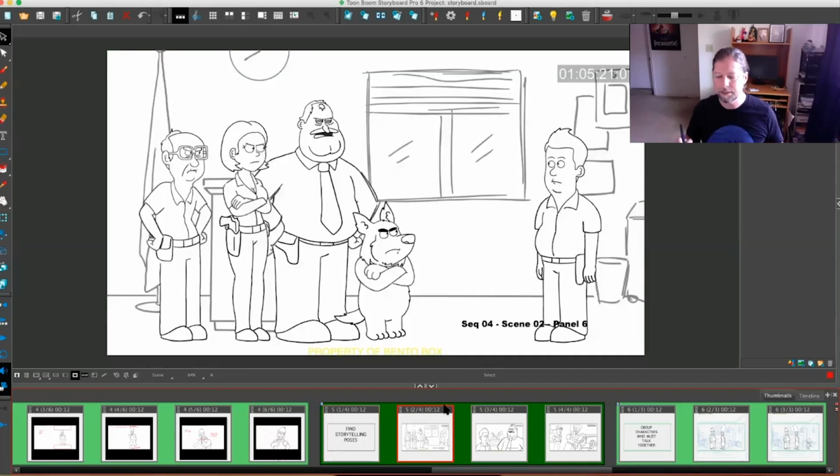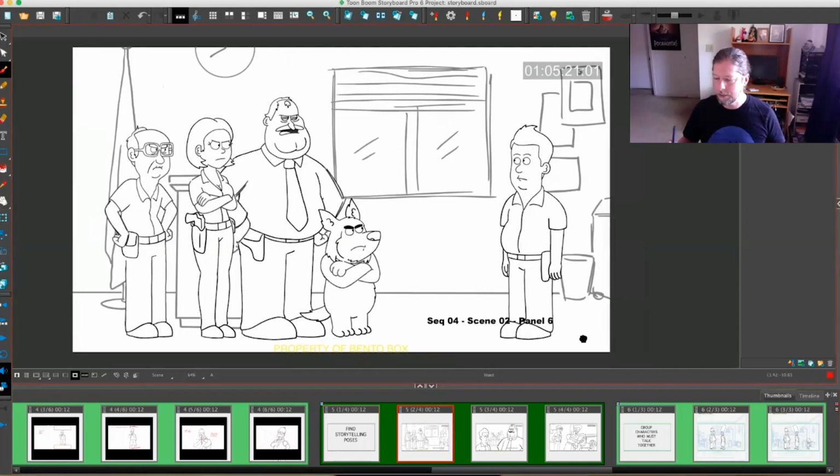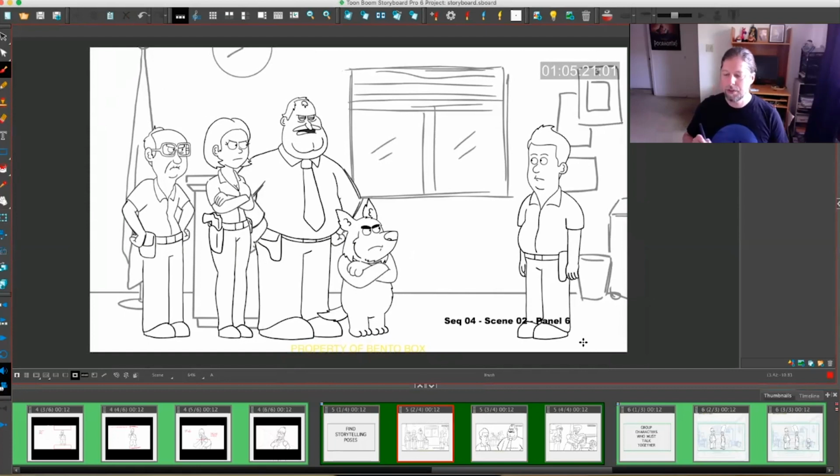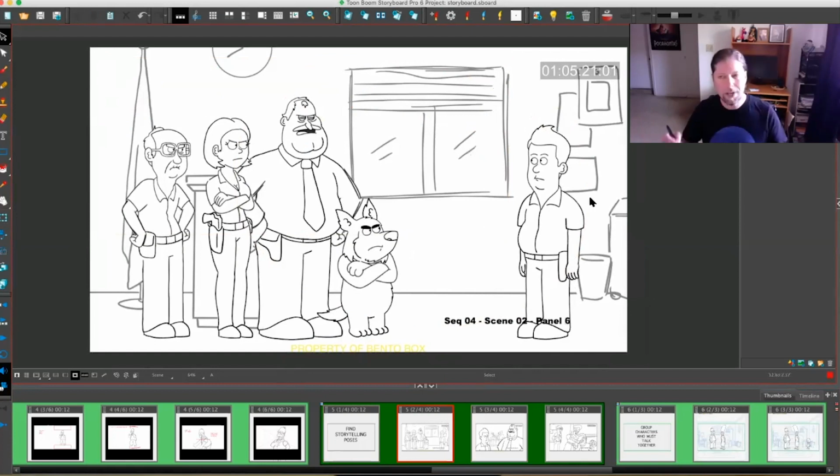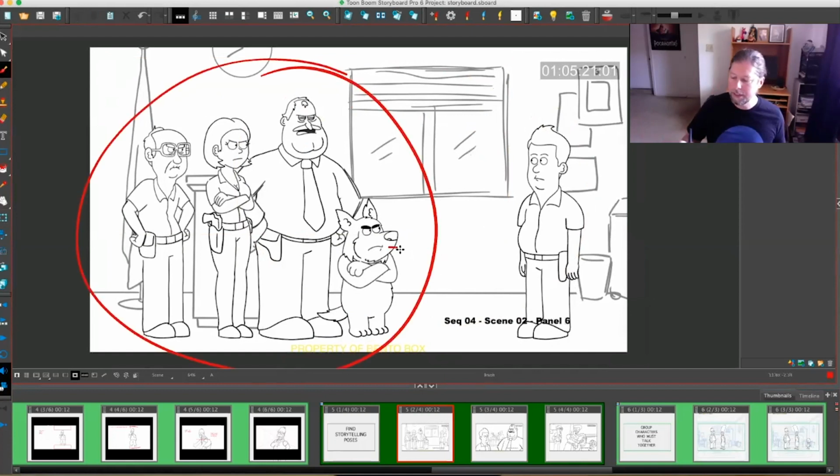So for instance, in this sequence, the cops have all banded together to confront and argue with Kevin. And so the point of this sequence is that they are grouped together against him.